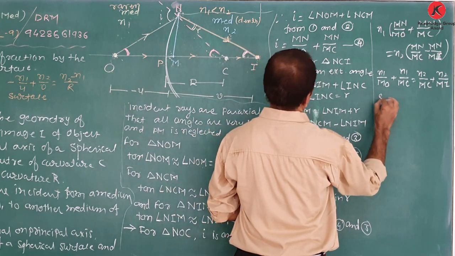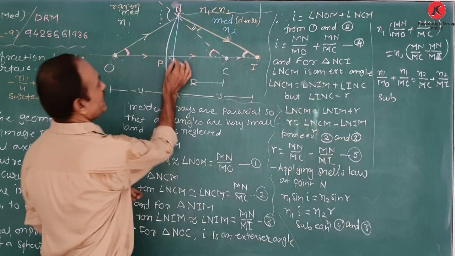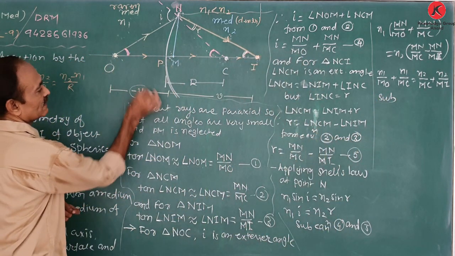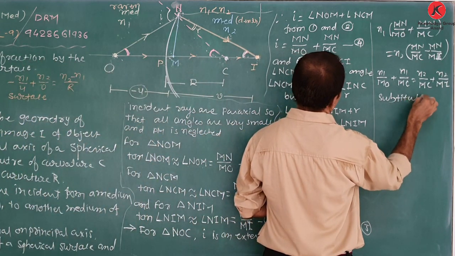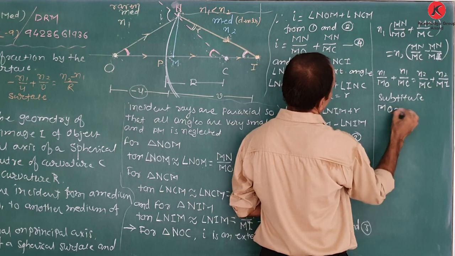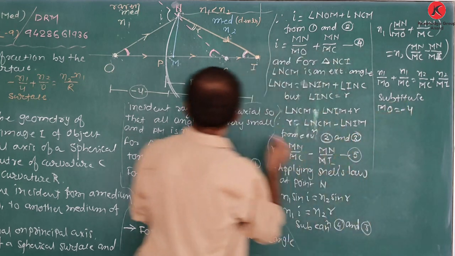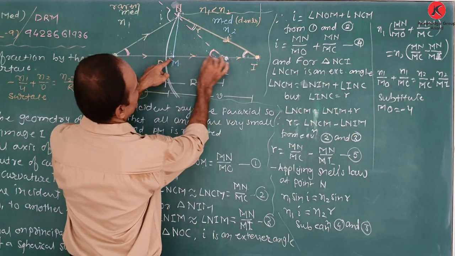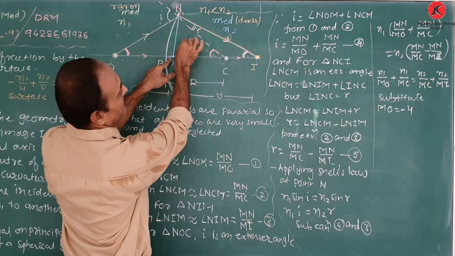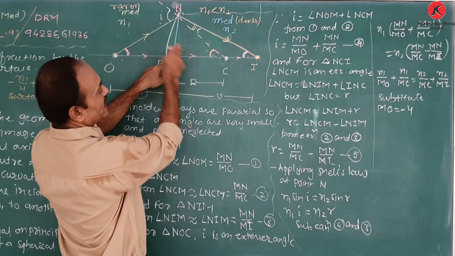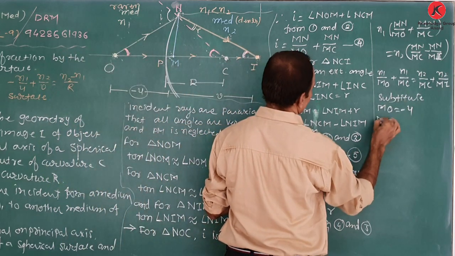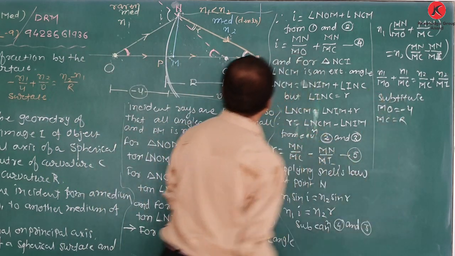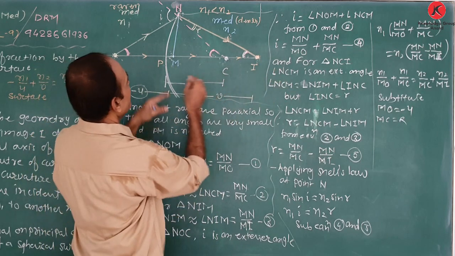Now, substitute. What is MO? MO is the object distance, that is minus u. MC is measured in the same direction as the incident ray, therefore it is positive, and MC is equal to capital R. And what is MI?